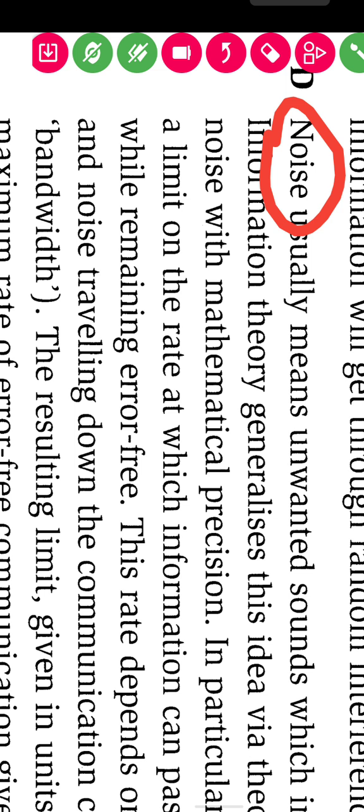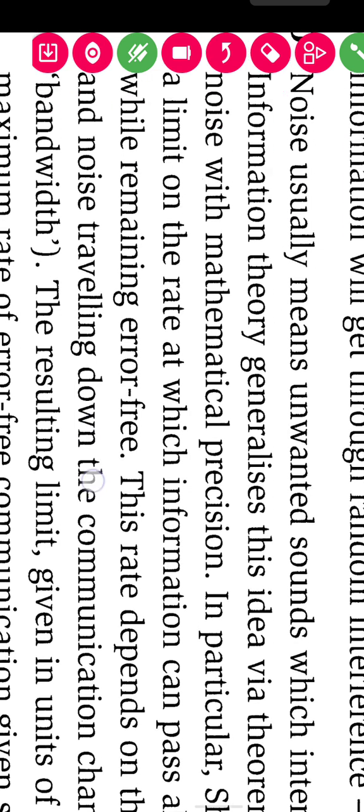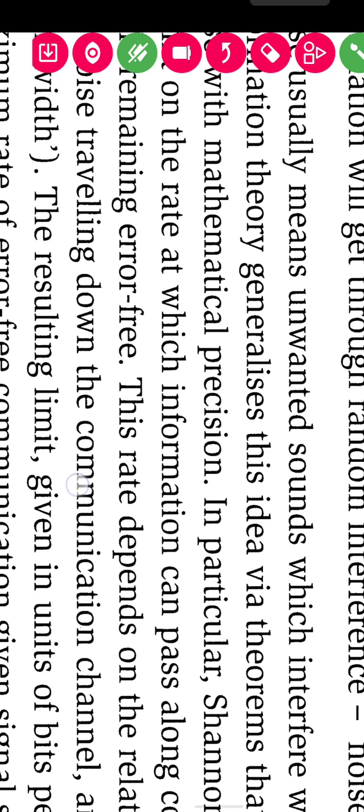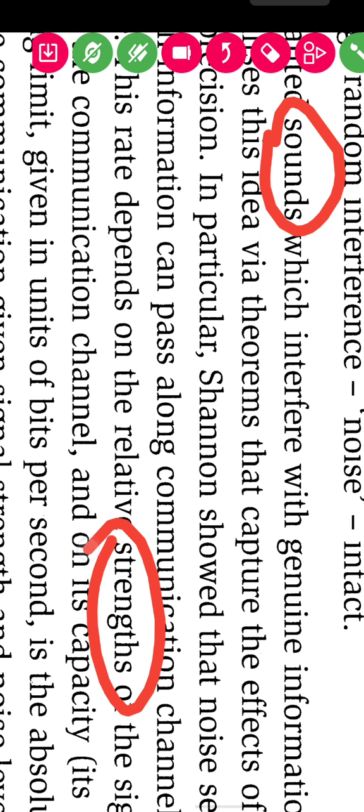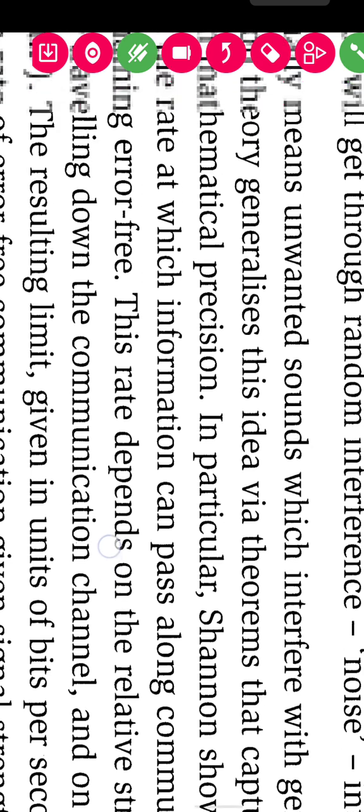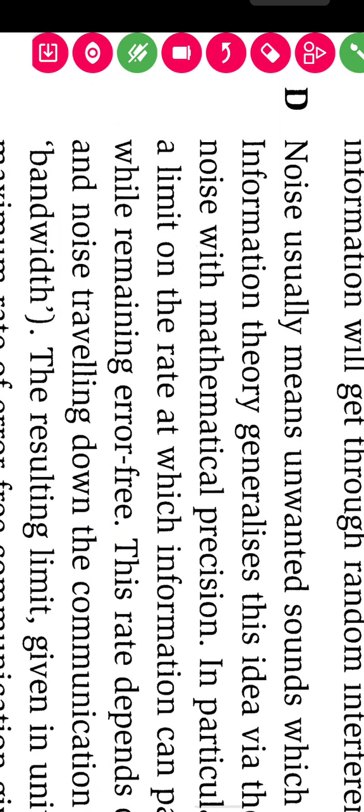There are two things mentioned here. In this particular paragraph, noise is mentioned in the first word and strength is mentioned here. So we will read the complete paragraph, and we will get the answer.